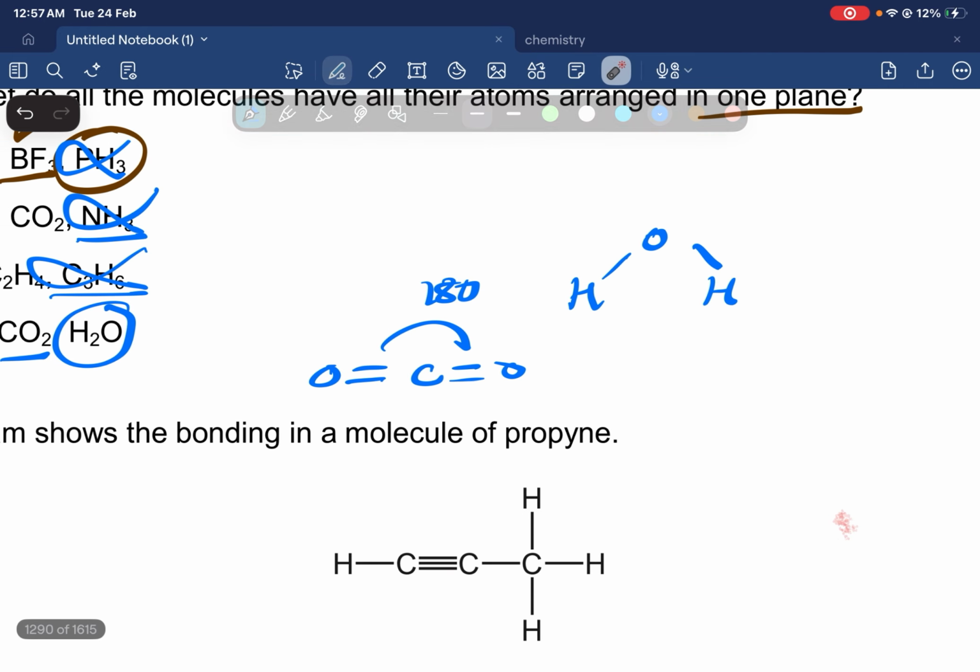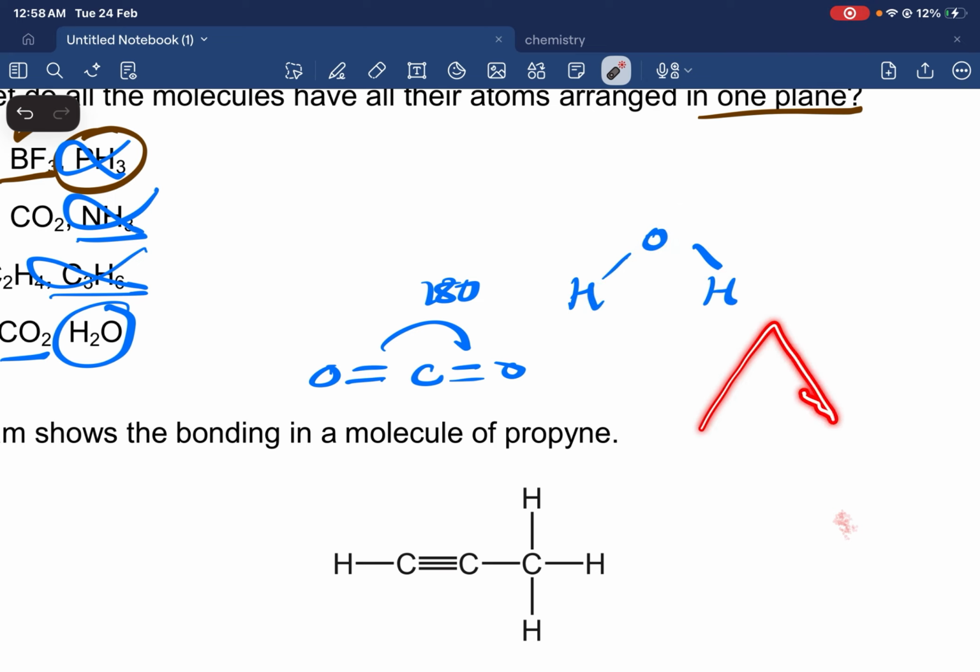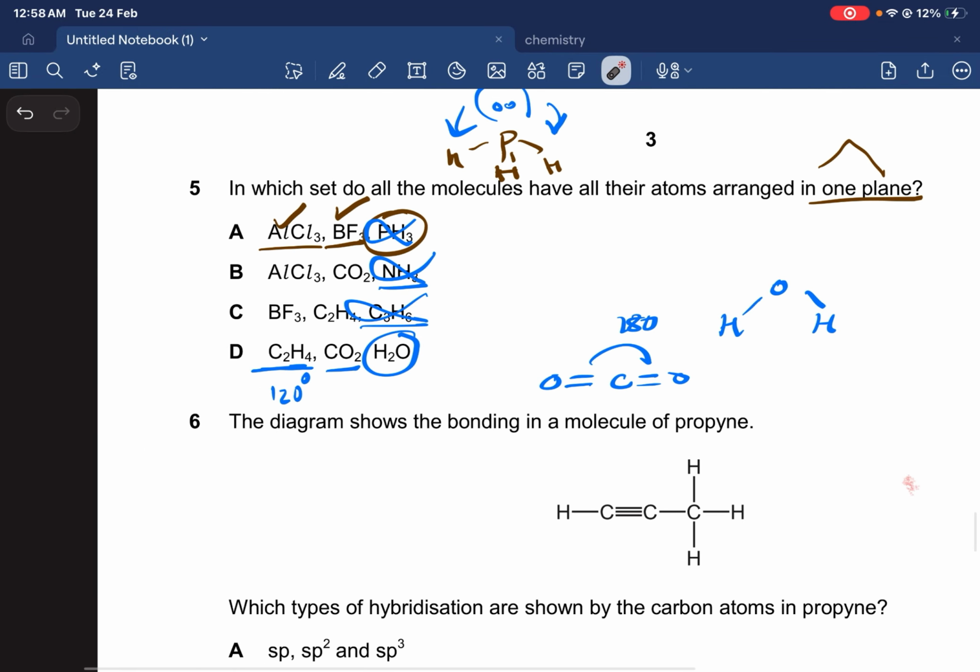There's a difference. Bent does not mean you cannot lie on one plane. Something that's bent can lie on one plane, but something that's tetrahedral cannot. You need to understand this difference. Bent means it's just like a V. You can place a V on a flat surface, but you can't place a tetrahedral structure, which is coming out and going in, on a flat plane. So D.